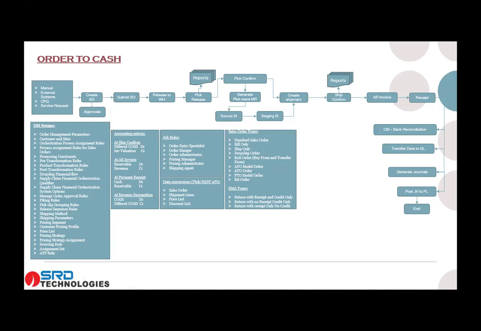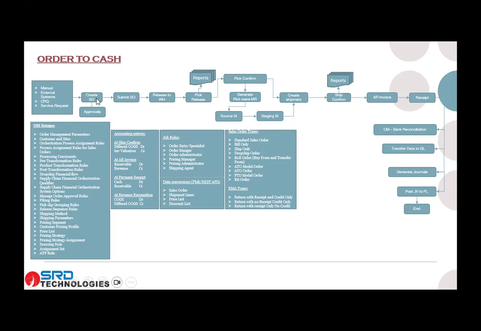See now, as shown in the spreadsheet, first level is create sales order. Here entering sales order, enter, create, both are the same. Manually I can create it. Also, it will import from different source systems, external systems, and CPQ and CRM, service request.